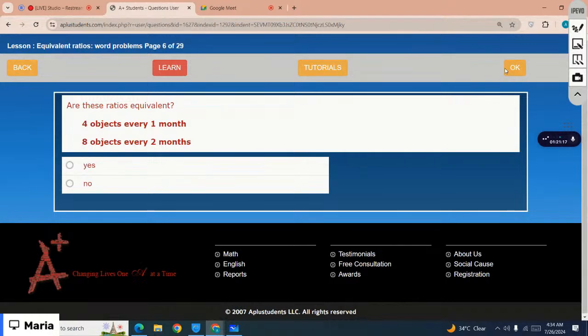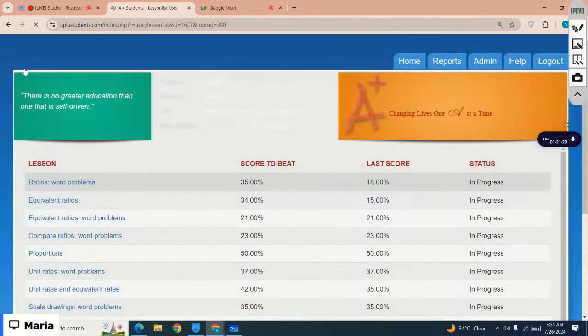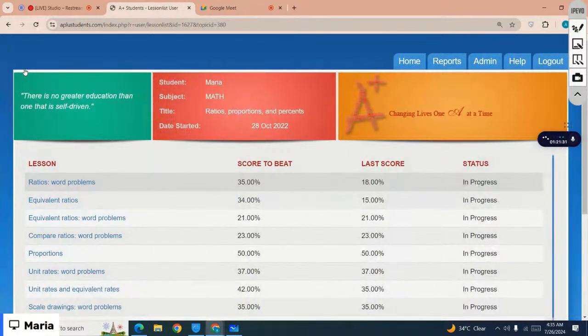Yes, they are equivalent. The correct option is yes. Okay, you can complete the lesson by yourself later today. Let me just move on to the next lesson. And the next lesson is compare ratios word problems.